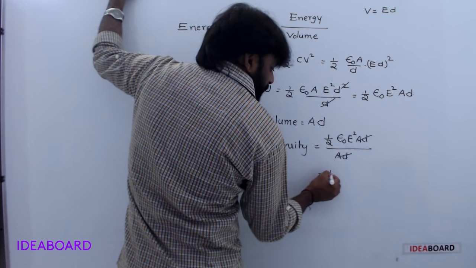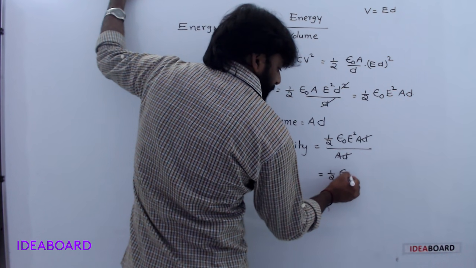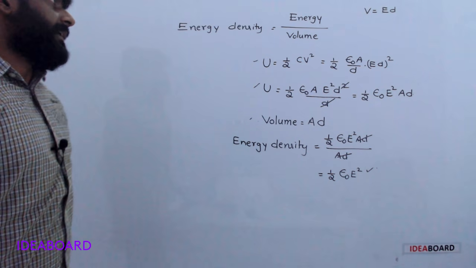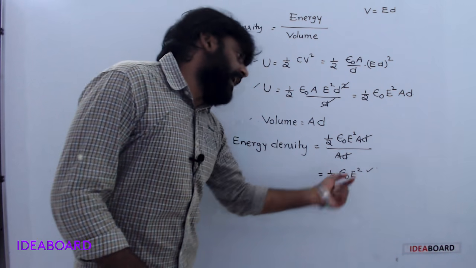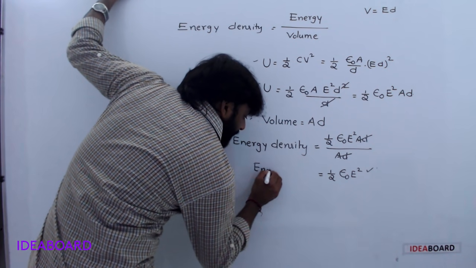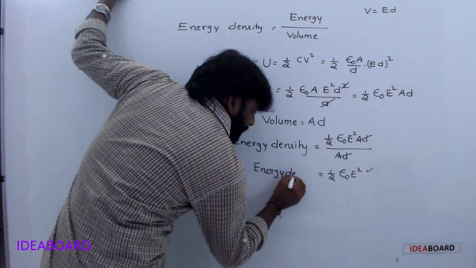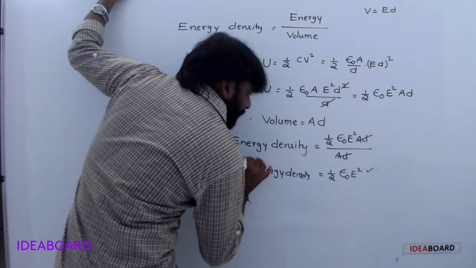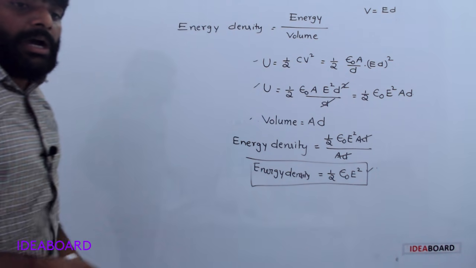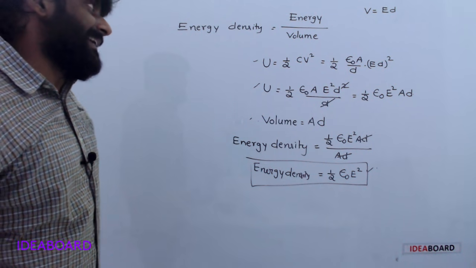Ad cancels. Finally, ½ε₀E². That's all. Here energy density is equal to ½ε₀E².